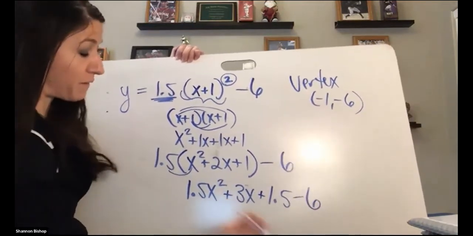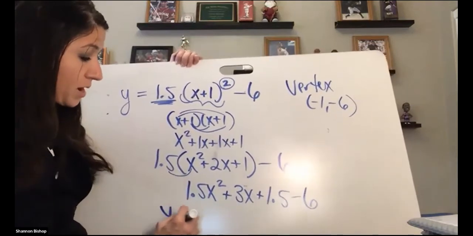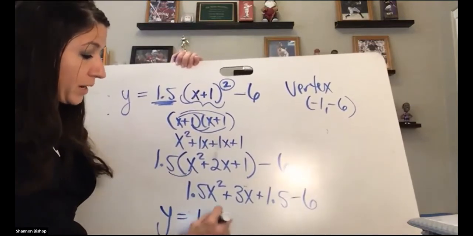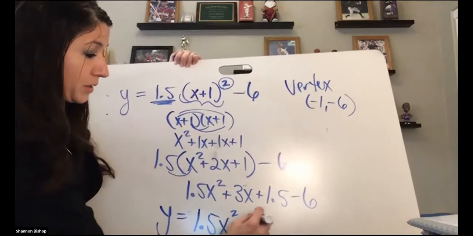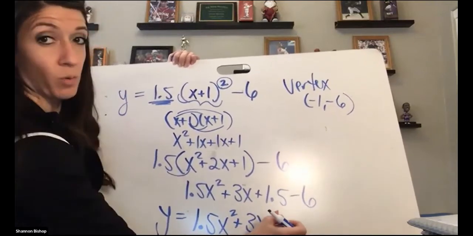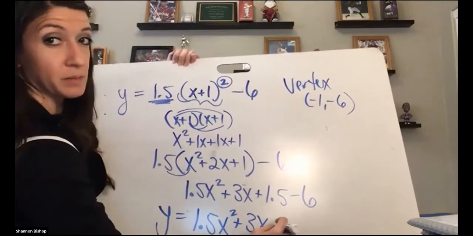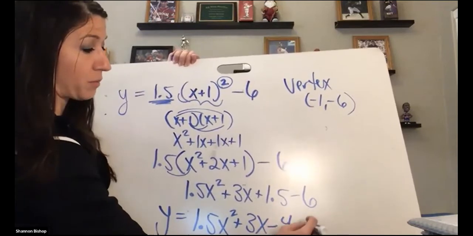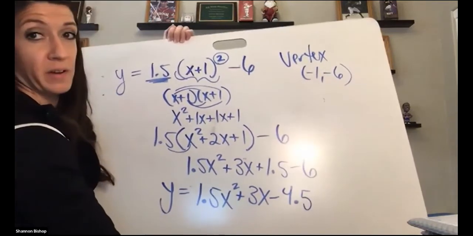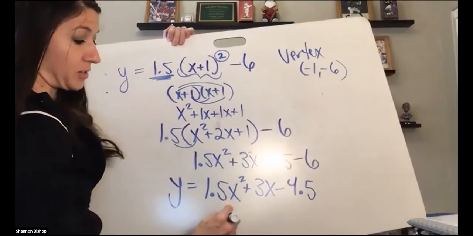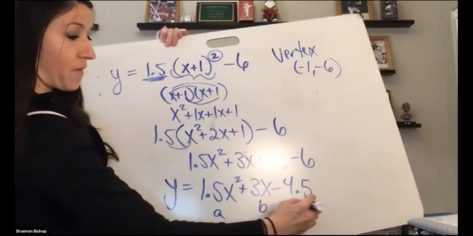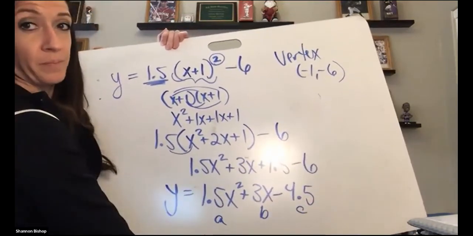So the final answer is y equals 1.5x squared plus 3x. 1.5 take away 6 is minus 4.5. And you are right back into your standard ABC form.